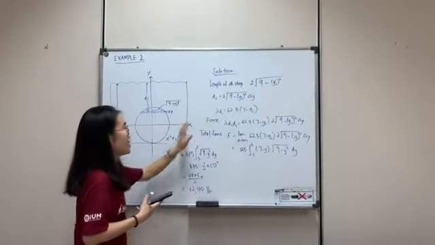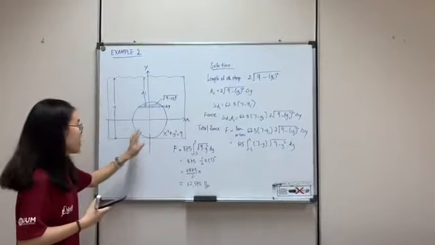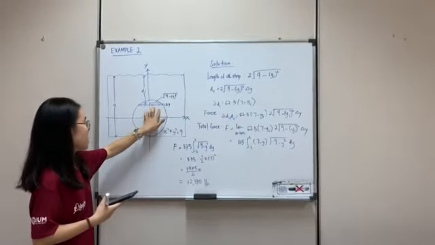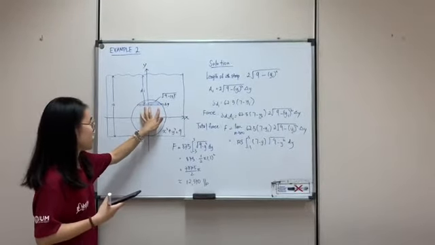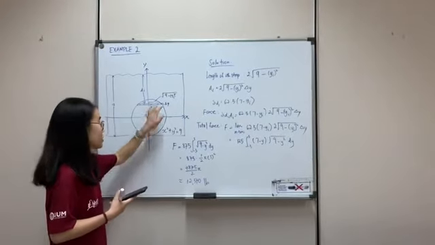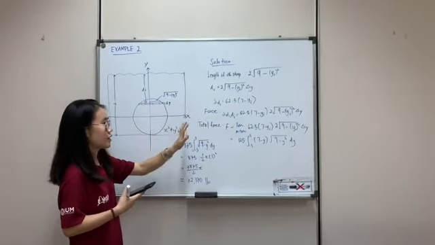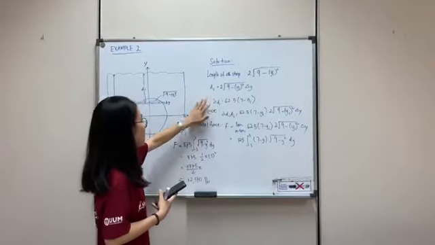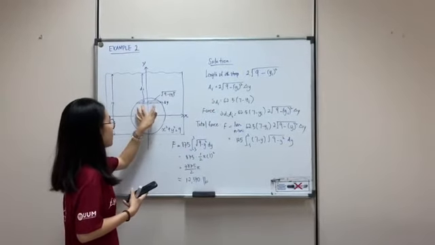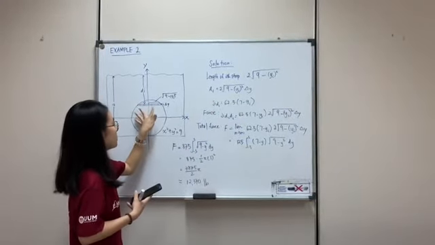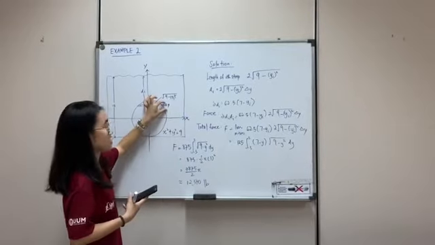First, we will find the length of the ith strip. Given this, the length of the strip is 2 times the square root of 9 minus y squared, and the area will be the length of the strip times the change in y.